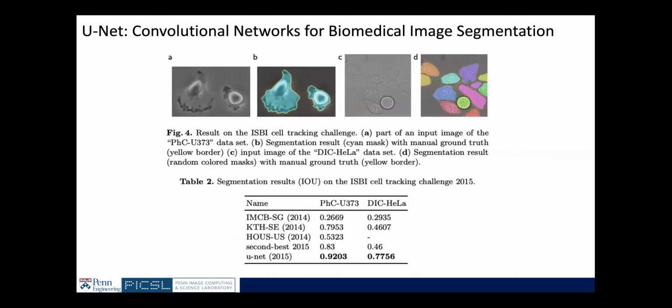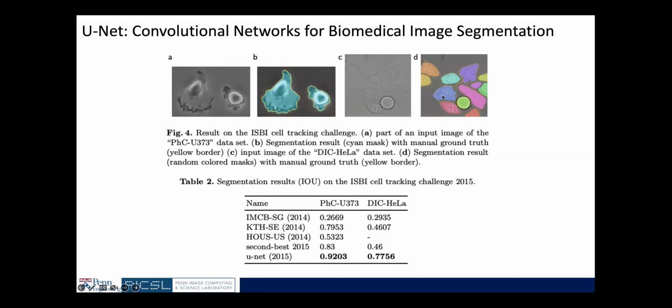So these are some example segmentations on a cell tracking challenge, where this image on the left are cells. The segmentation is shown in the cyan color, and the contour in yellow shows the ground truth.